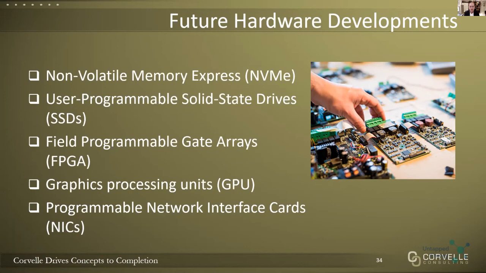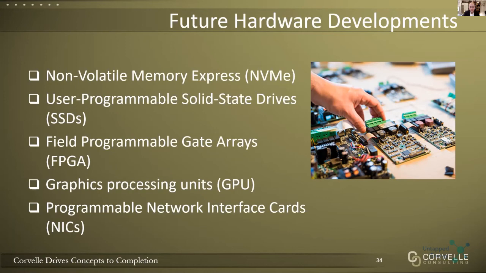And last on this list is the programmable network interface cards. As Ethernet speeds have increased and are continuing to increase, these NICs have actually emerged as a bottleneck in application performance. So to avoid taxing server CPUs with packet processing, the emergent solution is to add processing capacity to the NIC itself.